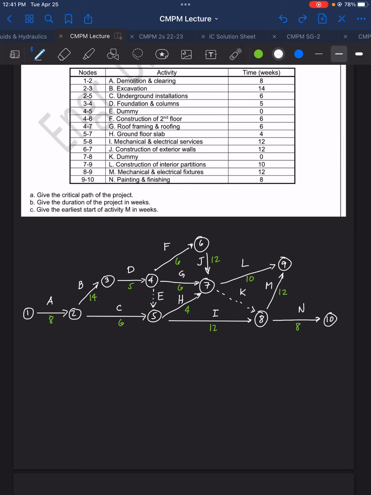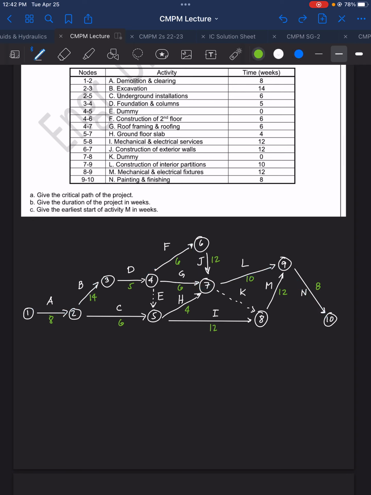It's not 8 to 10, it's 9 to 10. So this is N, 9 to 10, N, and that is 8. Okay, so again, we have A, B, D, F, J, L, N. So that's the first path.